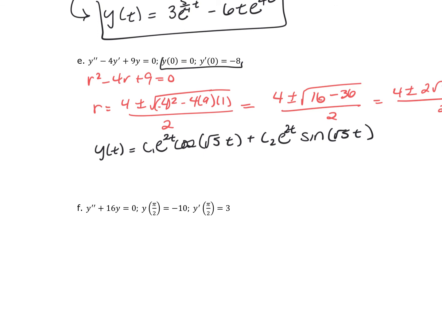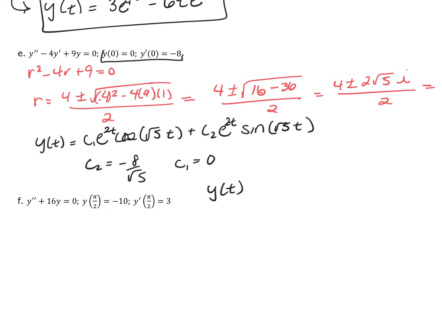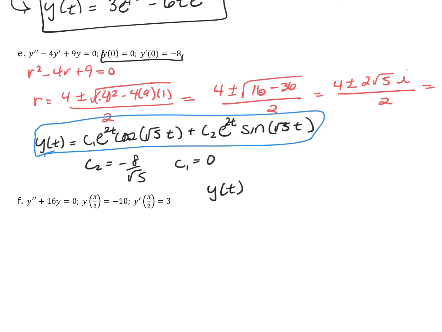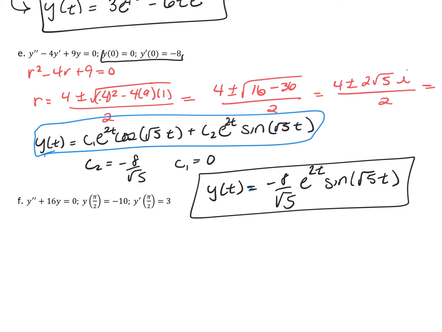I end up finding c sub 2 is negative 8 over the square root of 5, and c sub 1 ends up being 0. So this is my general solution, and my particular solution with that initial value is negative 8 over the square root of 5, e to the 2t, the sine of the square root of 5 t. And that is the particular solution.